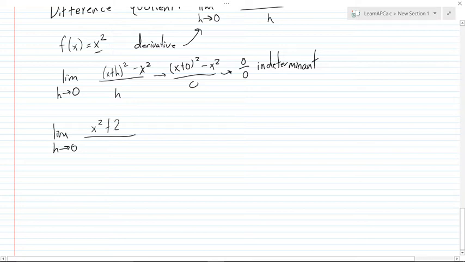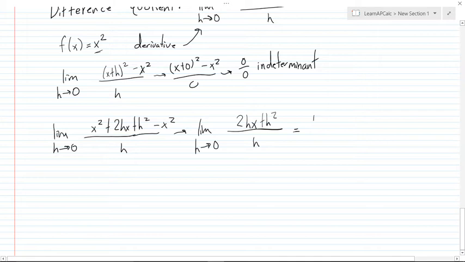x squared plus 2hx plus h squared minus x squared all over h. Now here, all I have to do is simplify. So I have x squared minus x squared, so now I just have 2hx plus h squared all over h.